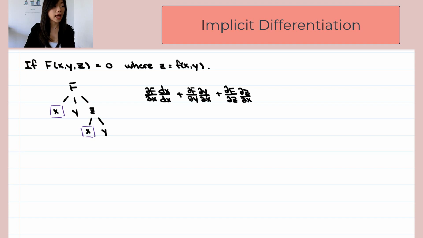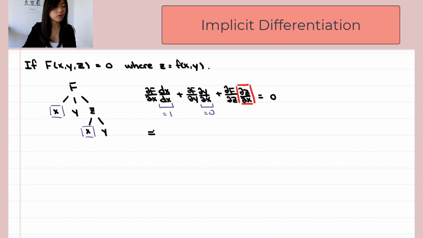Since the function f equals a constant, equals 0, its derivative with respect to any variable should be 0. Then I can solve for dz over dx. I also know that dx over dx equals 1 and dy over dx equals 0, since from the tree diagram, y is not a function of x, so its derivative with respect to x is 0.